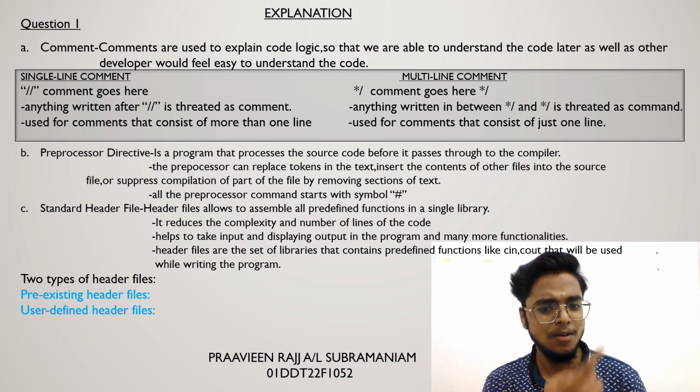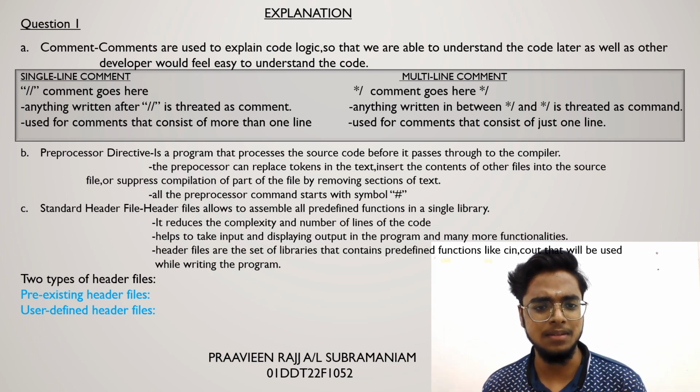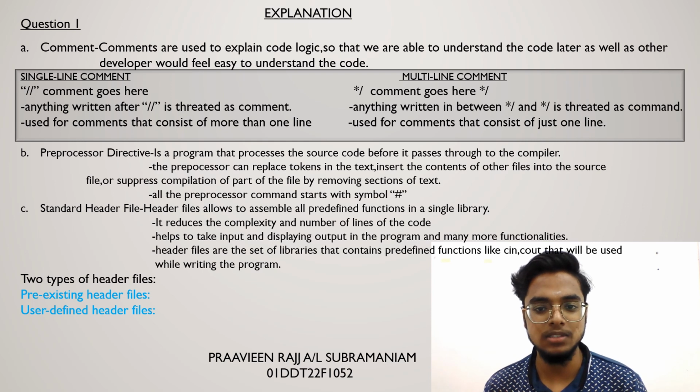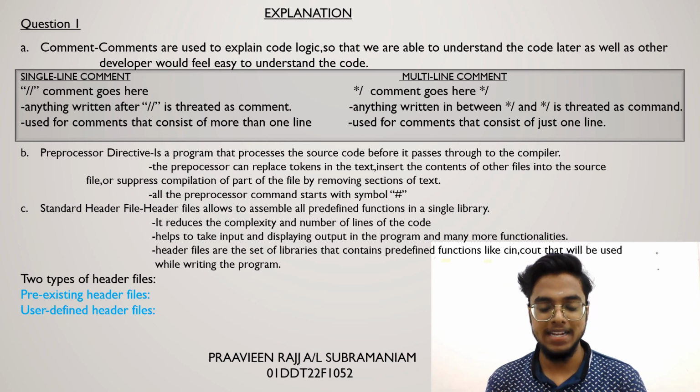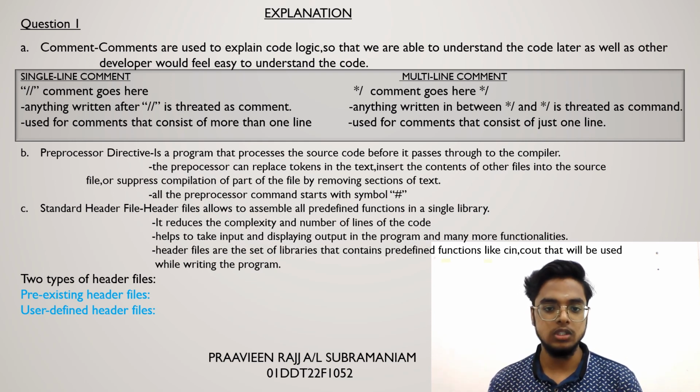Next, the preprocessor directive. What is a preprocessor directive? It is a program typically used to make source programs easy to change and easy to compile in different execution environments. It processes the source code before it passes through the compiler.